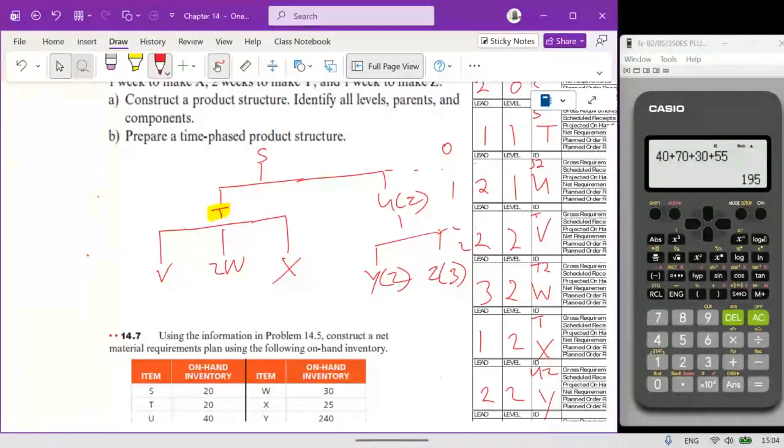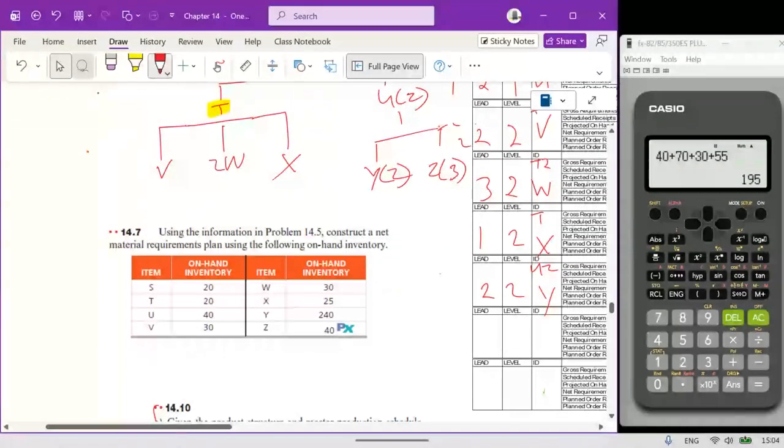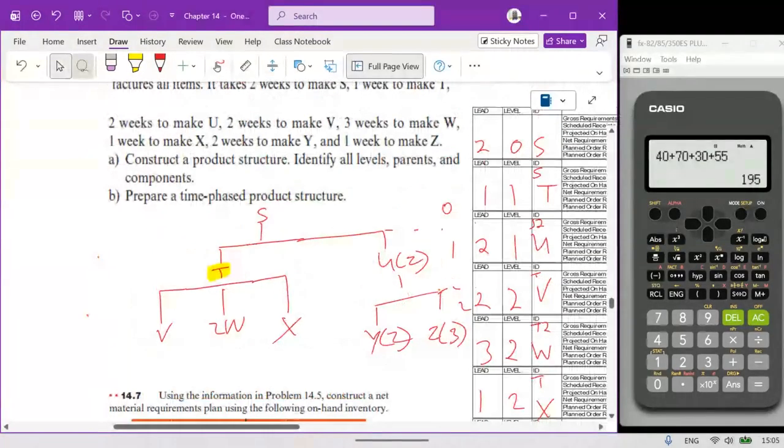And then the last one, which is Z, comes from U. There are 3. I wrote in the wrong place. Z comes from U, and there are 3. And it takes 1 week to produce Z.